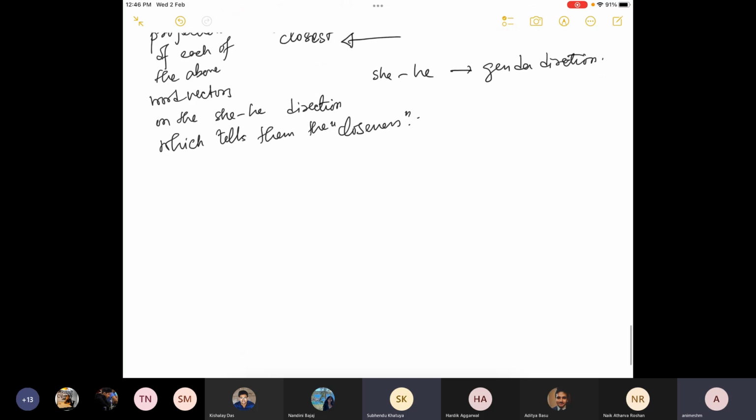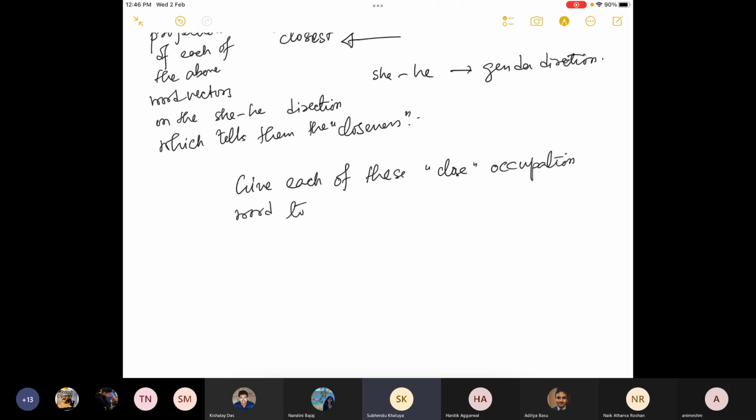Okay, now they wanted to evaluate this list, and here is where the crowd workers come into play for the first time. So now what they are doing, they are giving each of these closest occupation words to 10 crowd workers.